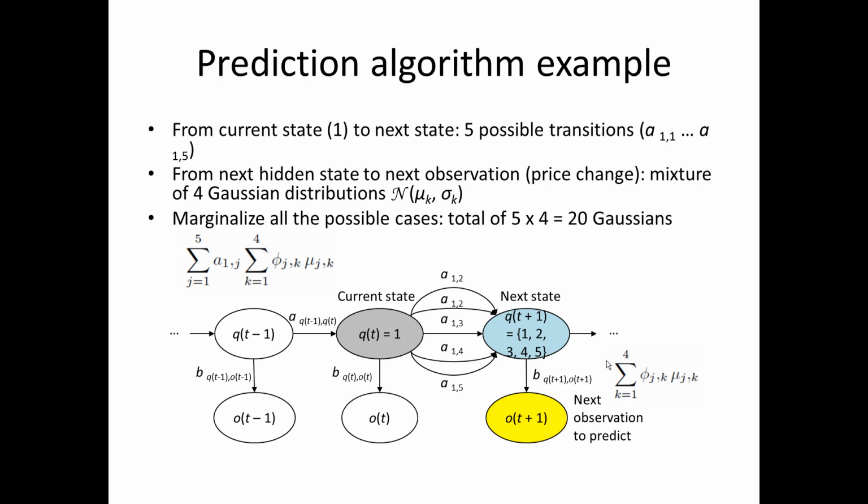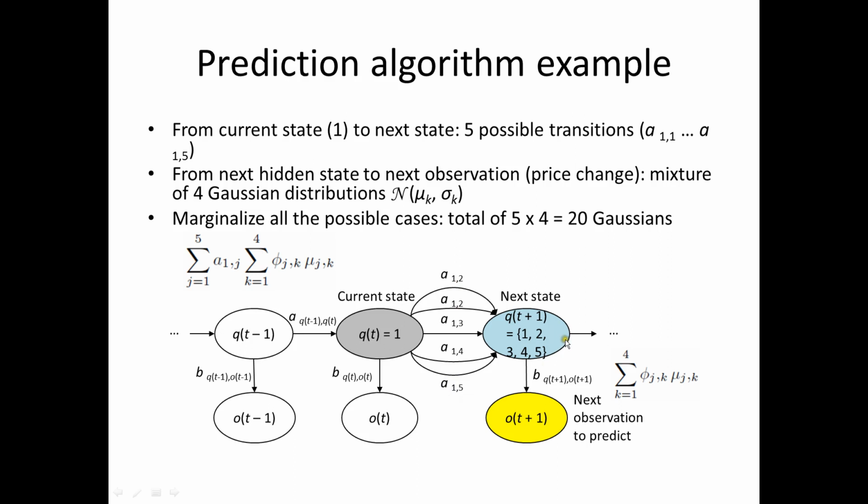Here is an example of the prediction algorithm. The current state is 1, in gray, and the next state, in blue, is 1, 2, 3, 4, or 5. From the current state to the next state, there are 5 possible transitions, A11 through A15.